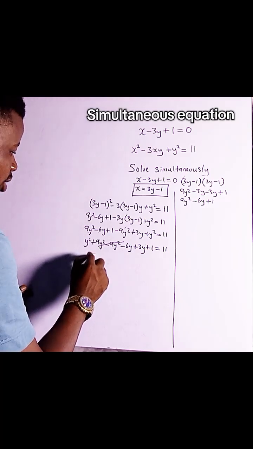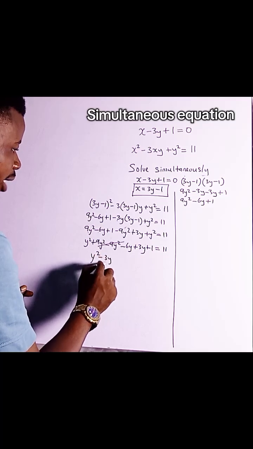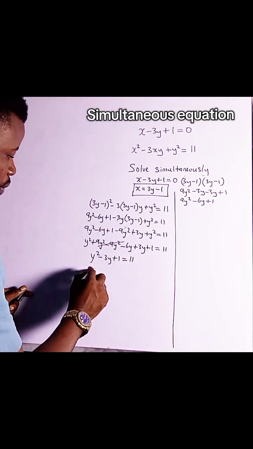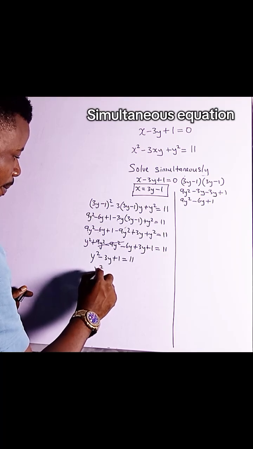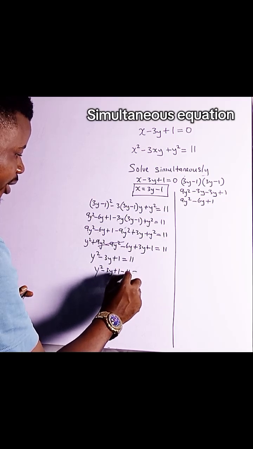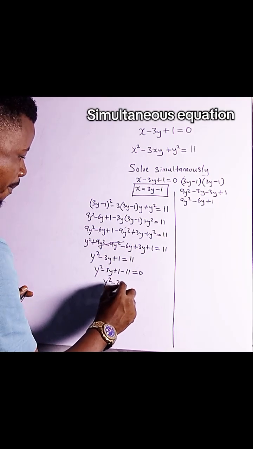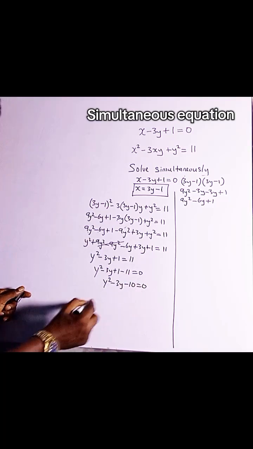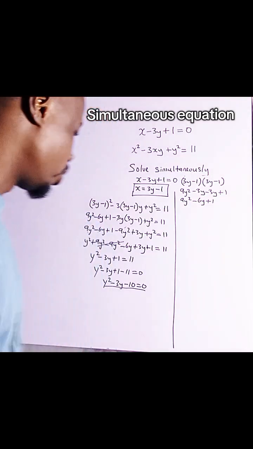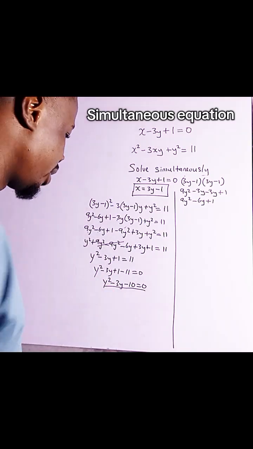So we have y squared, minus 6y plus 3y is minus 3y, plus 1 is equal to 11. Also, we can have y squared minus 3y plus 1 minus 11 is equal to 0. Now we have y squared minus 3y minus 10 is equal to 0. This is a quadratic equation. Now we have to find the values of y, so it means we're going to have two values of y, right?